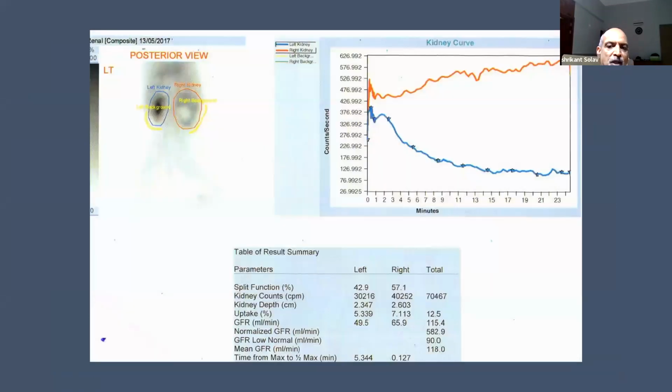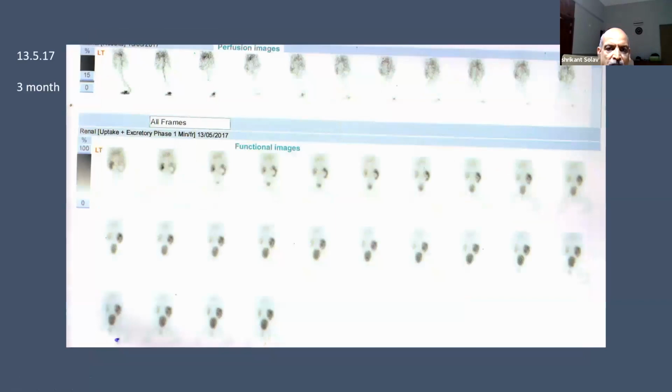Now, this scan was done earlier in 2017, and you can see a region of interest on it. If you look at the kidney qualitatively, the right kidney shows much less uptake as compared to the left. So this is an overestimated percentage function on the right side. So one has to be very careful in drawing the ROI.